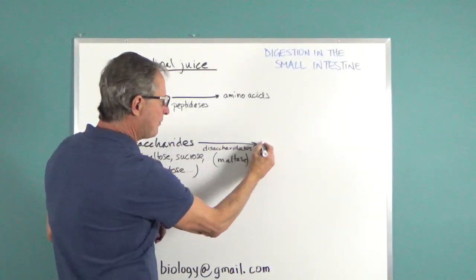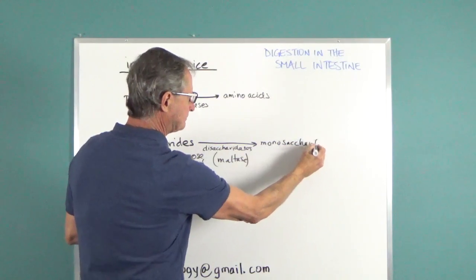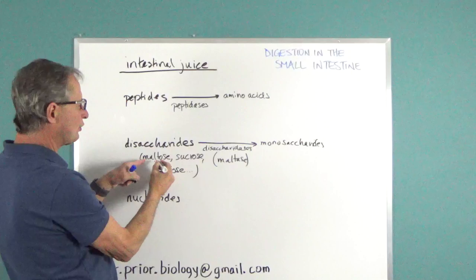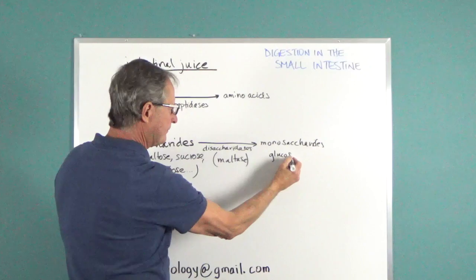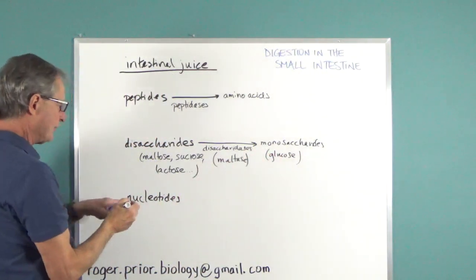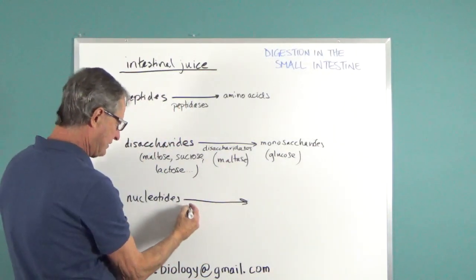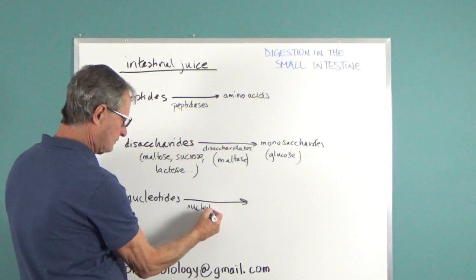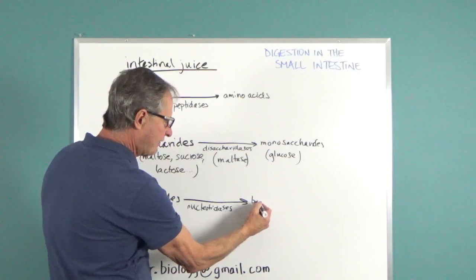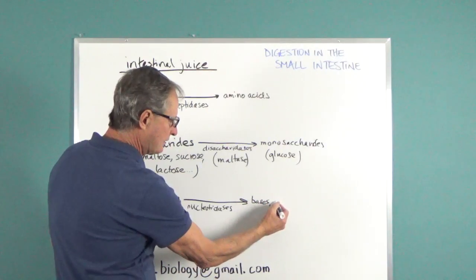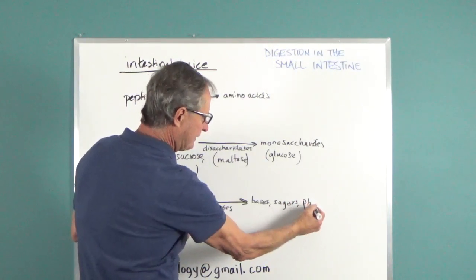When this is all done, these are all monosaccharides then. So for example, with the maltase example here, we would have glucose. The nucleotides are broken apart by nucleotidases. And the components here, we have individual bases, we have sugars, and we have phosphatidyls.